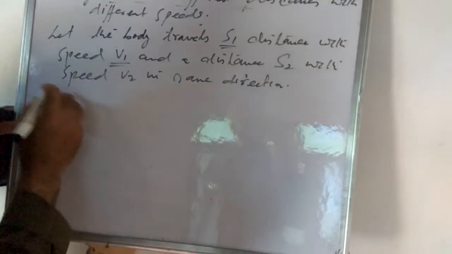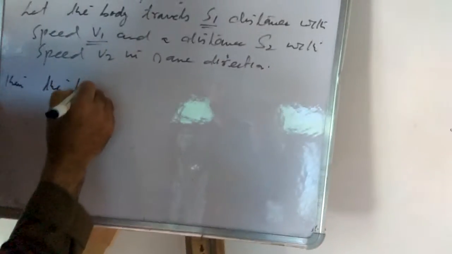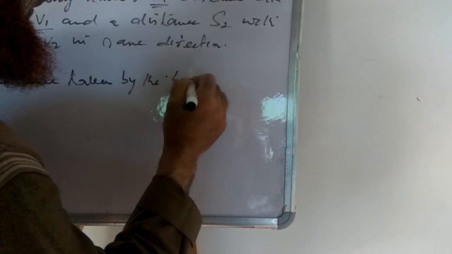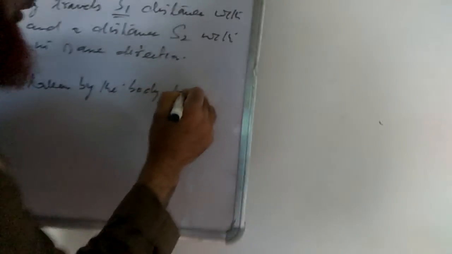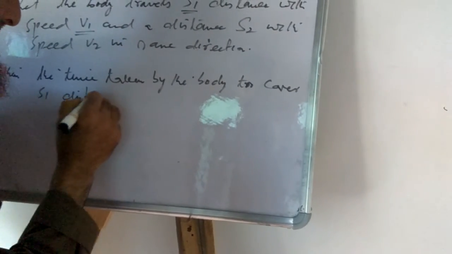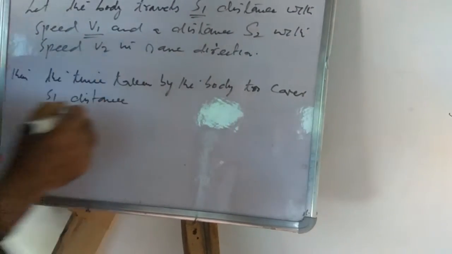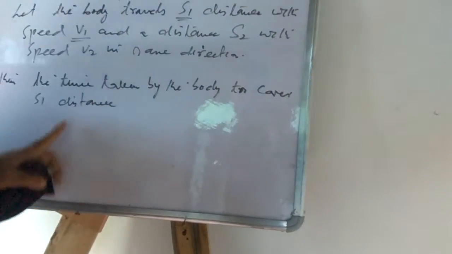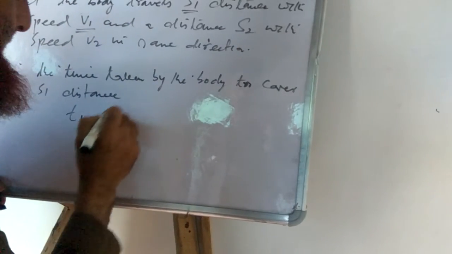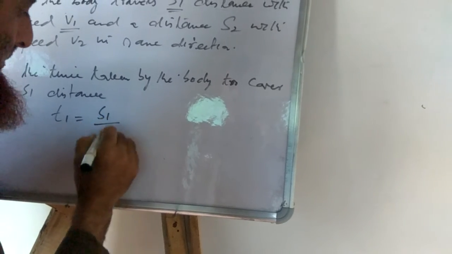Then the time taken by the body to cover distance s1, that means how much time the body takes to cover s1 with a speed of v1, is t1 equal to s1 by v1.